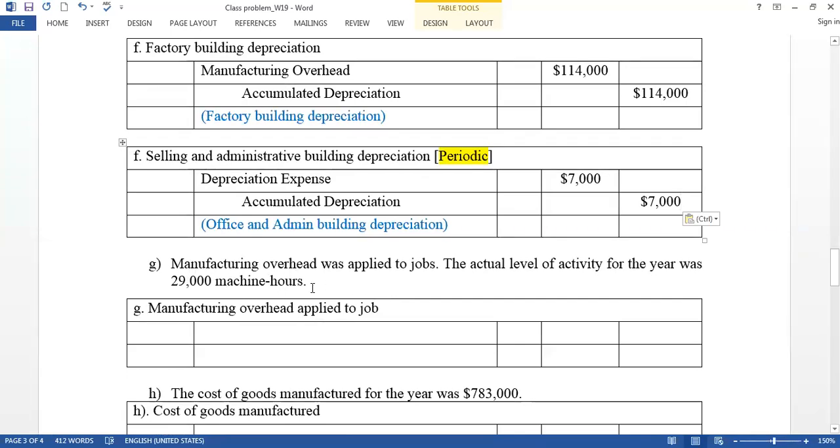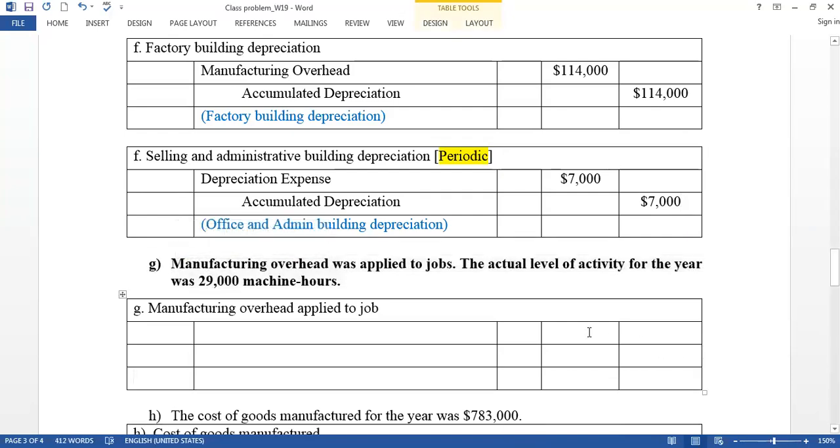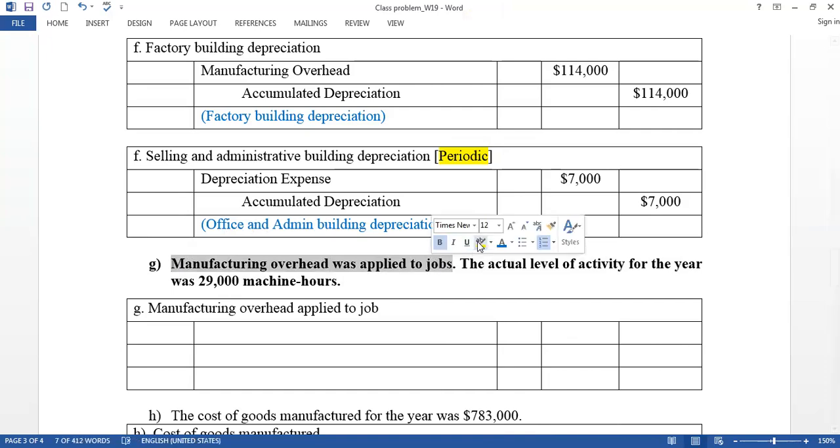Now number G is important because here we need the predetermined overhead rate, because manufacturing overhead was applied to job. What is the meaning of this sentence?